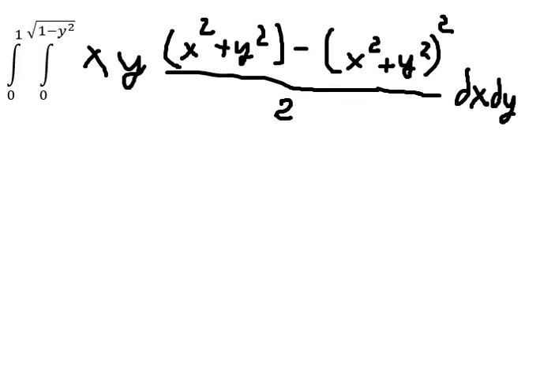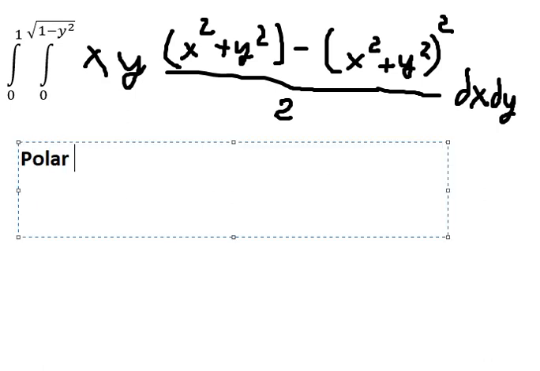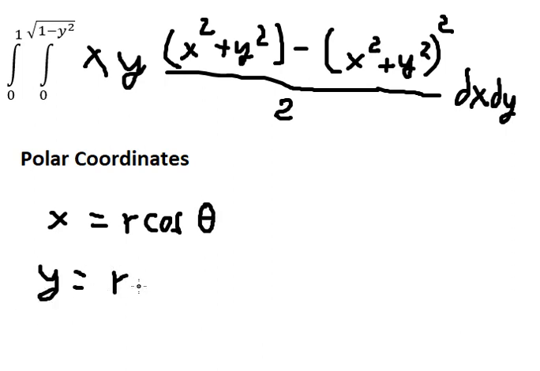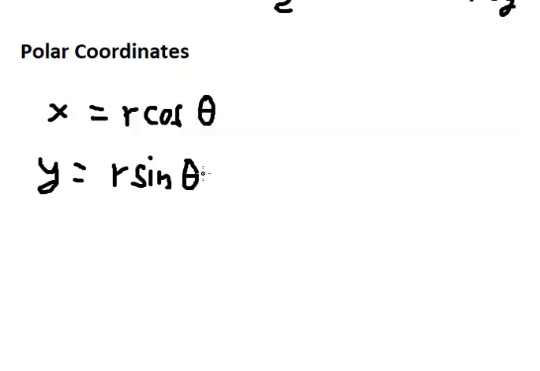Next, in this one we can use polar coordinates. So I will put x equals r cosine theta, y equals r sine theta. The next one we have x squared plus y squared.